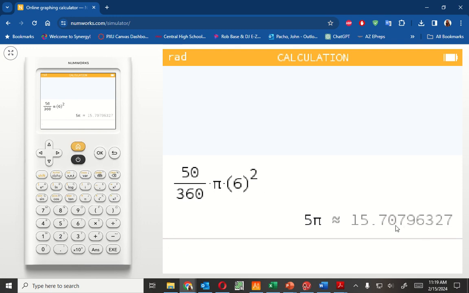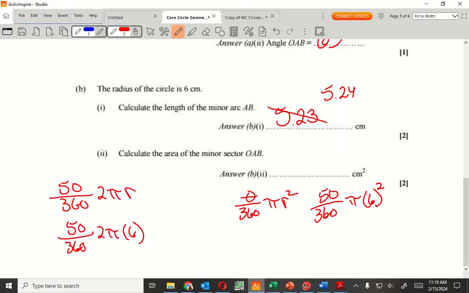Or if I was rounding it to another place, it would be 15.71. Okay, so 15.7, and that's centimeters squared.